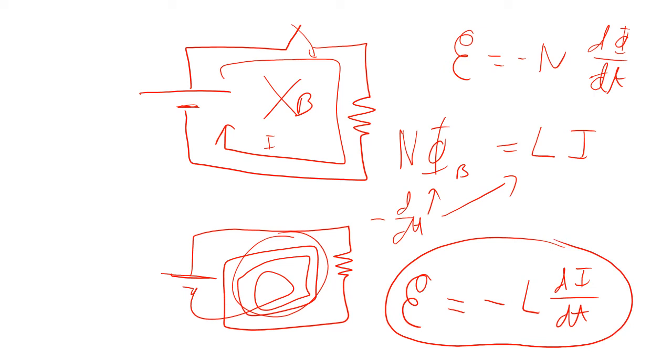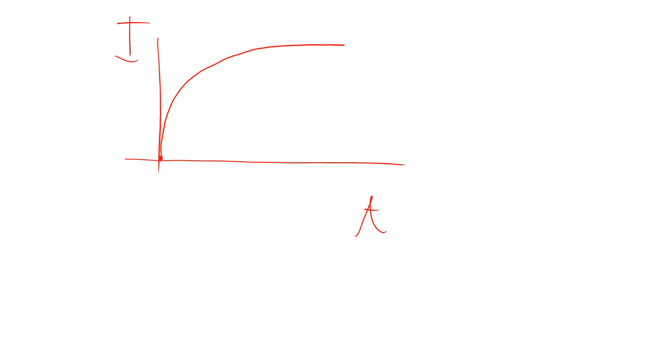Now, every circuit is going to have a self-inductance. So that means that when you first turn on the switch for any circuit, the current as a function of time is initially going to be 0, and it's going to rise up to some stable current. So there's some finite amount of time in which the circuit has not yet reached its full current.